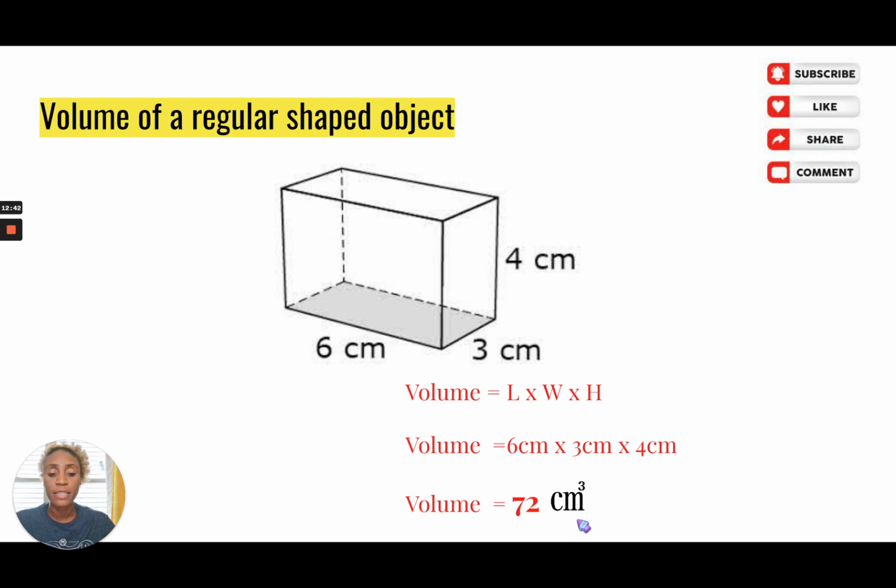Now, what does this centimeters cubed mean? Where does this 3 come from? It's coming from us multiplying the centimeters 3 times. Centimeters times centimeters times centimeters will give us centimeters cubed, or cubic centimeters as some people like to call it, right? So that is simply how you calculate the volume of a regular shaped object.